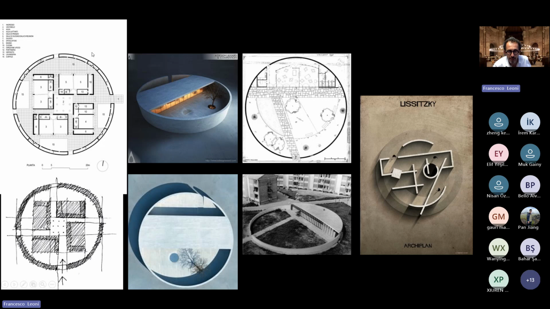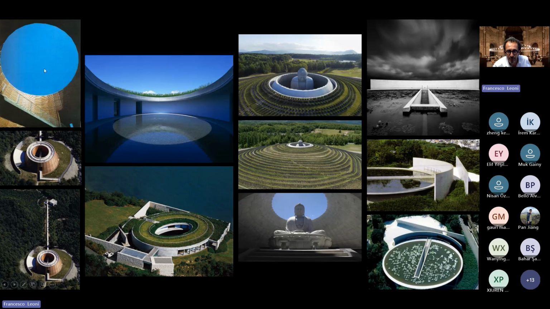You can see this project from Alberto Campo Baeza of another primary school. You can see some elements from all over the world, from Japan, from Germany. The same complex, the same idea of having a circular boundary and a central point, often characterized by water.